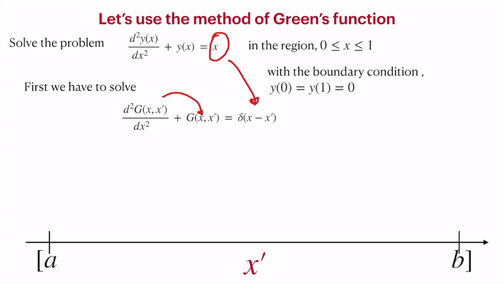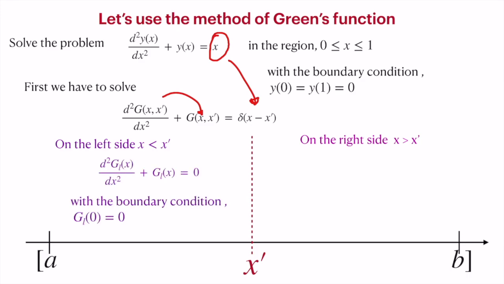That means we basically have divided our interval by x prime, which is in between a and b. Now once we divide this, we know that we have to solve a homogeneous differential equation on the left hand side, and another homogeneous equation on the right hand side. Those equations are the same, but the boundary conditions are different.